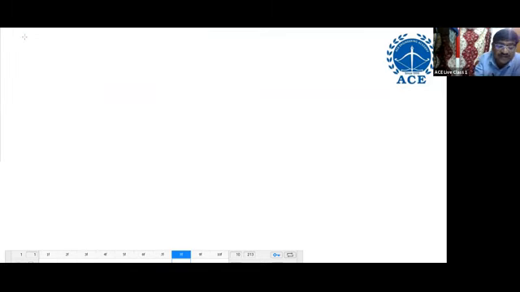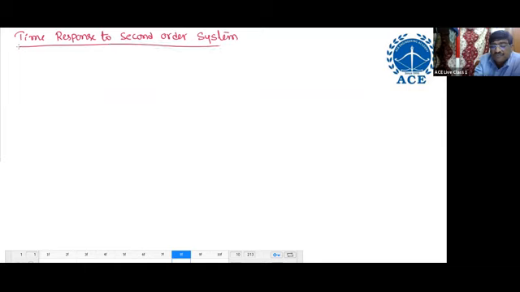Time response of second order systems. Now draw the block diagram for the second order system.